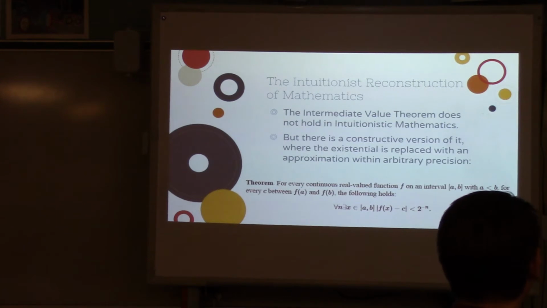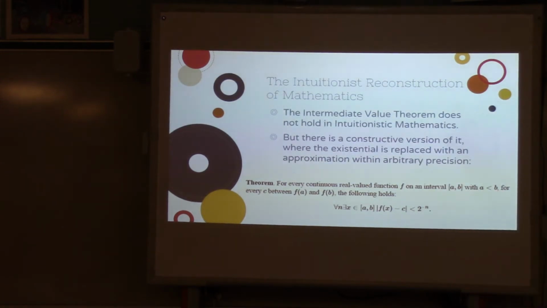So, for example, something as mainstream as the intermediate value theorem is simply not allowed in intuitionist mathematics. And there are some people out there who really believe that constructive mathematics is the correct mathematics that we should all be doing.